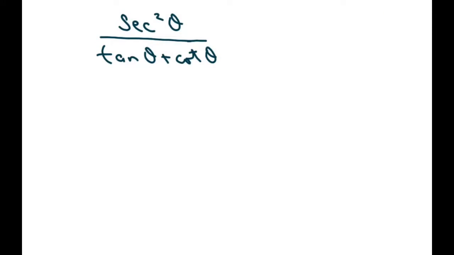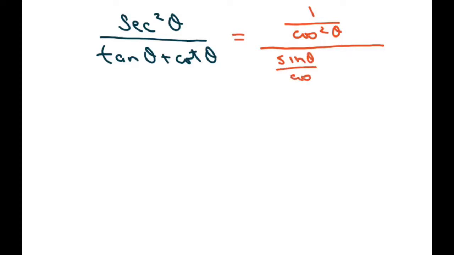Okay, the next one is similar. Let's see what we can do here. I'm going to go ahead and write in terms of sine and cosine. So this is 1 over cosine squared. And for the denominator, I'm going to write sine over cosine plus cosine over sine.